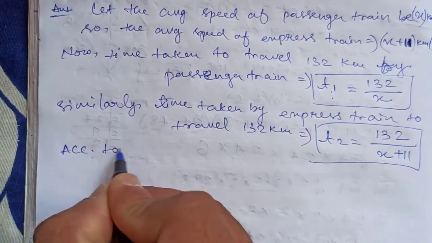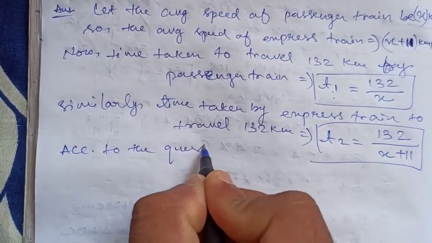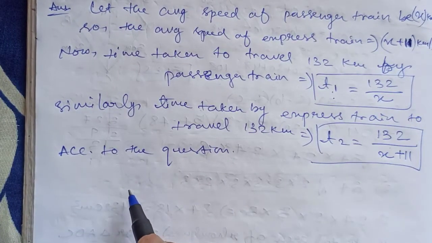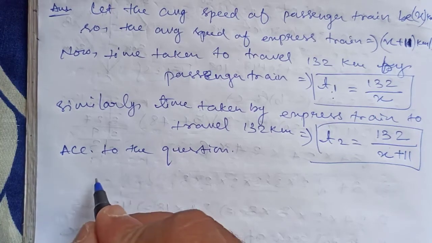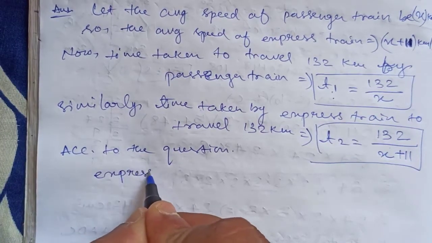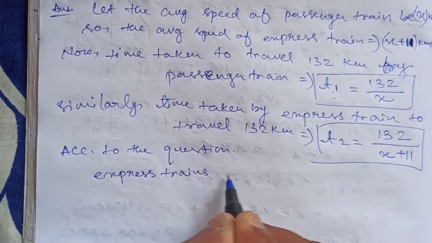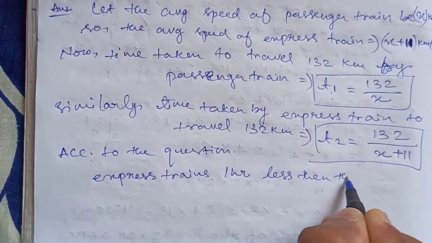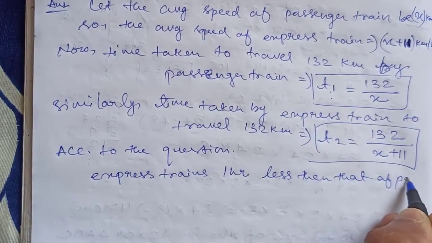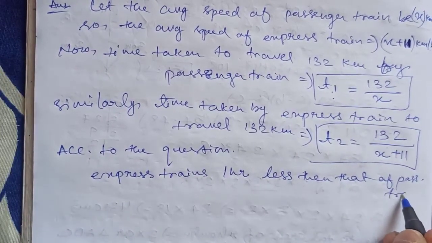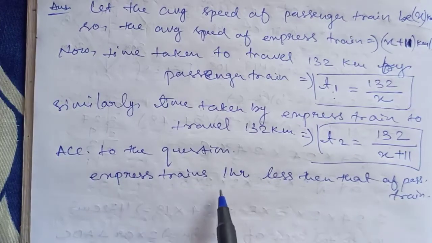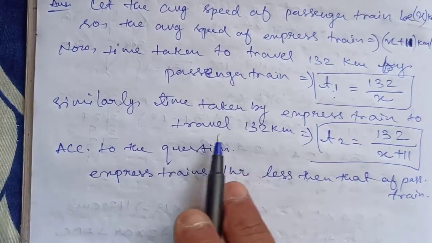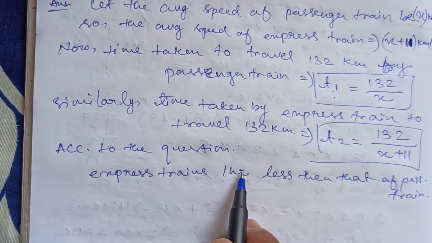Now according to the question, okay, what it is given in the question, it is given that express train takes 1 hour less than that of passenger train.